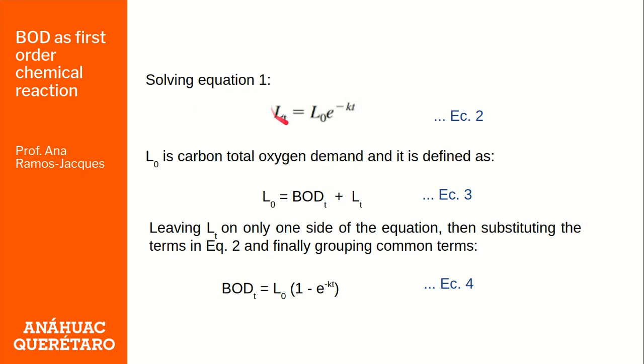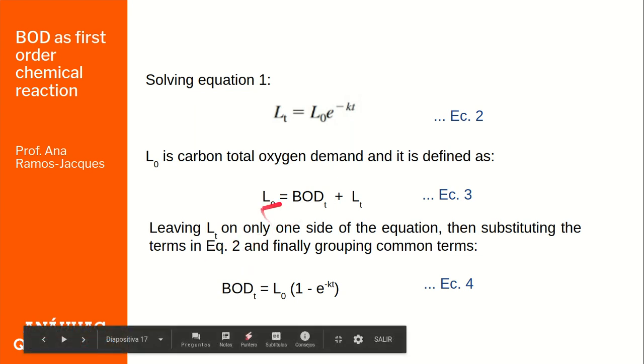If BOD is a first order chemical reaction, it has an exponential behavior. So it could be defined also like equation 3, and we have here the BOD as a function of time. Leaving the BOD on one side of the equation, we have this formula in equation 4.